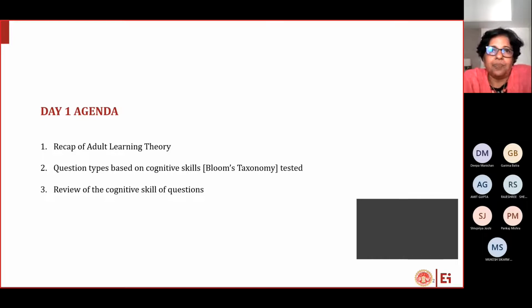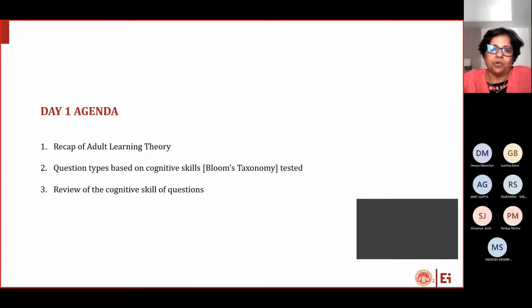Because when you go and train teachers, all of you should be conveying the same idea about Bloom's taxonomy. So if Garima ma'am is going to train one bunch of teachers on Bloom's taxonomy, and Joshi sir is going to train another bunch of teachers, both bunches of teachers should have the same common understanding of Bloom's taxonomy.